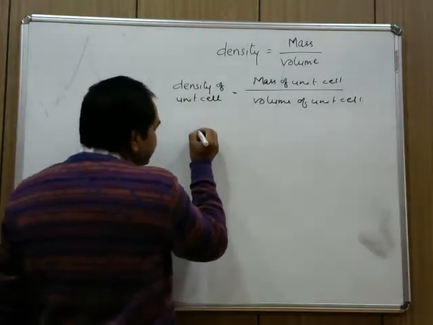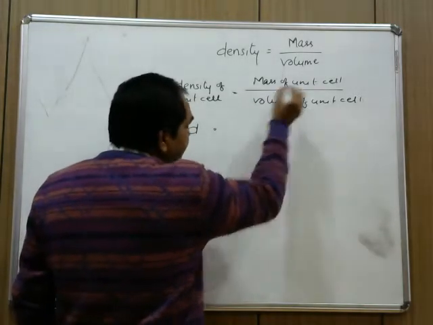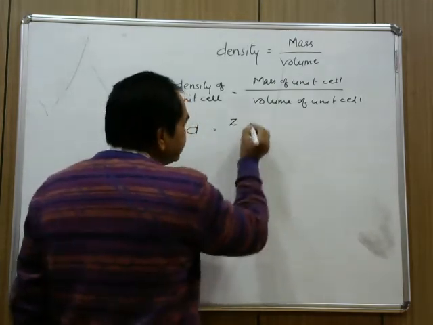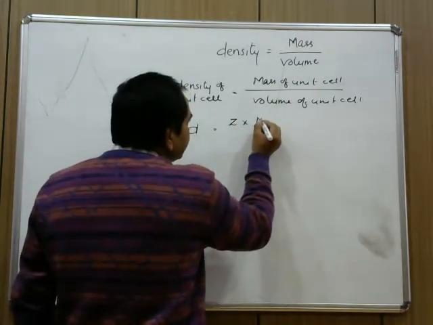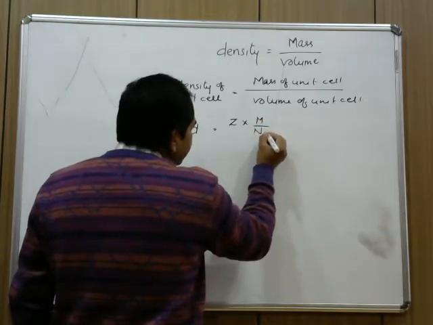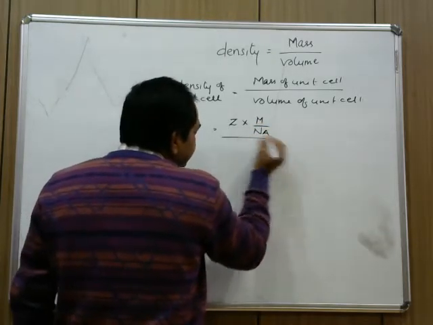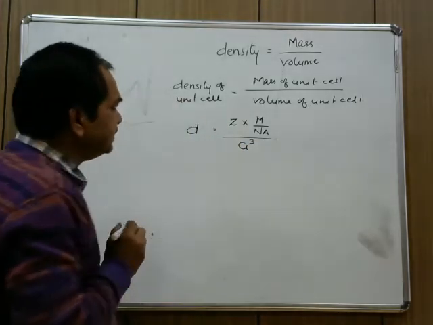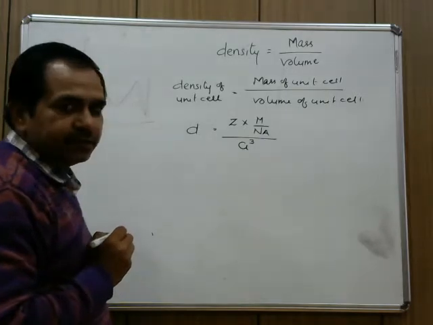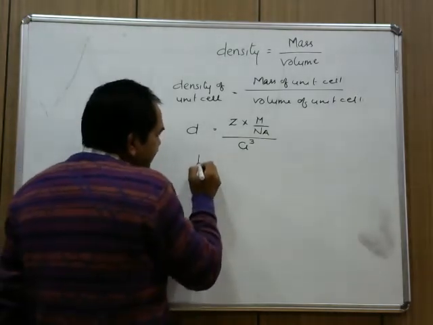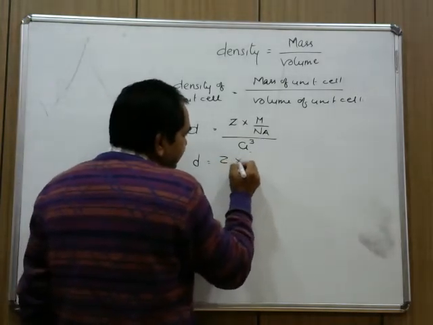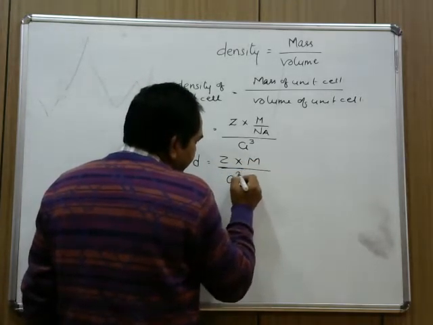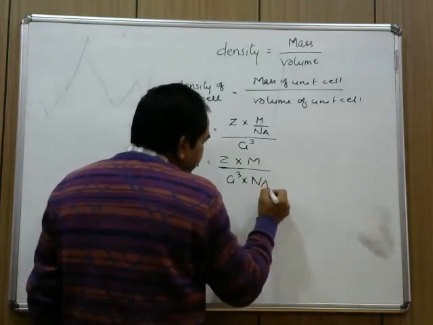So density of unit cell D is given by mass of unit cell, which is equal to number of particles in the unit cell into mass of one atom, divided by volume of unit cell A cube, or density D is given by Z into M upon A cube into Na.